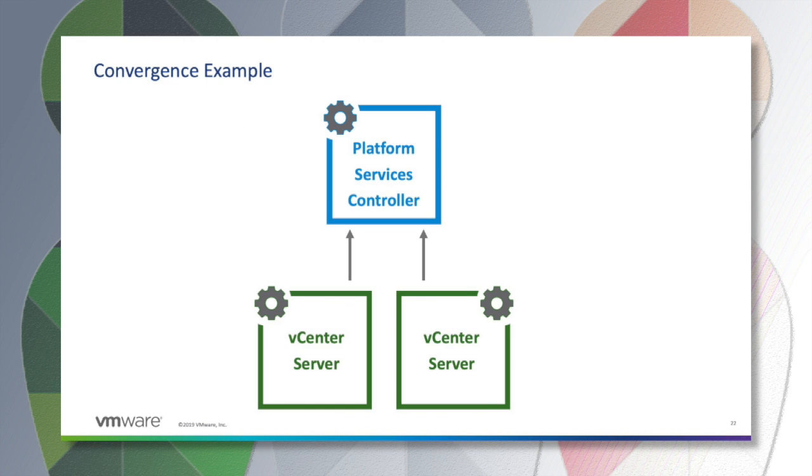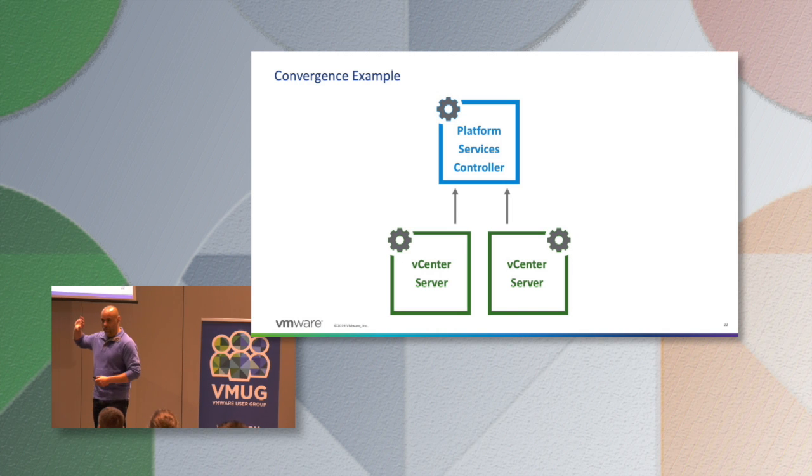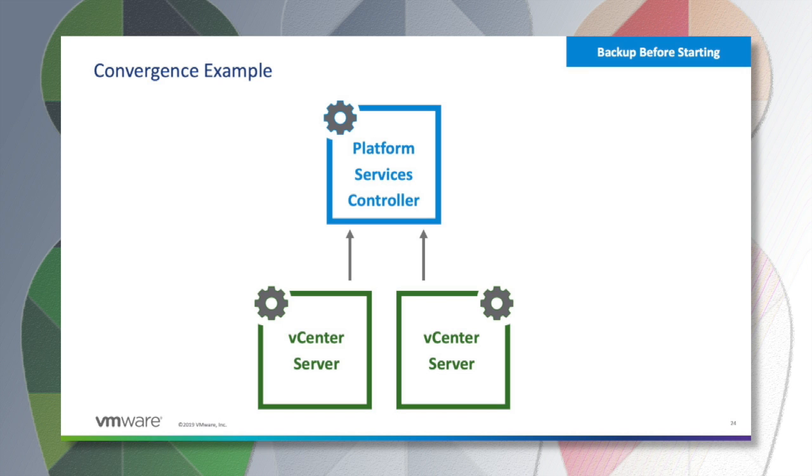Okay, so let's go through an example of actually converting our vCenter server from external to embedded. In this example, I have one external PSC and I have 2 vCenter servers. And the process is the same no matter the number of PSCs or vCenters. The first thing I'm going to do is make sure that I back up my environment before getting started, right?